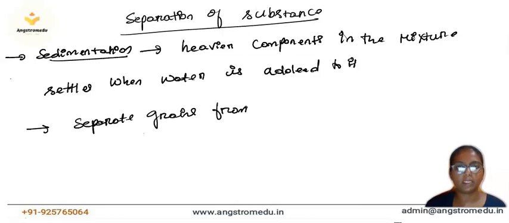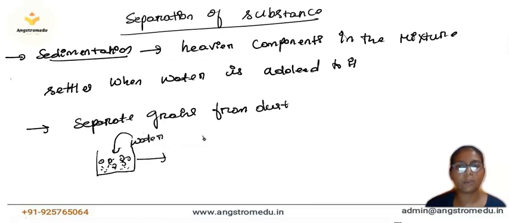from the dust. So for example, this is a beaker, which consists of the grains as well as the dust particles. So if we add the water to it, after adding the water, the dust particles settle down at the bottom, and this is the water.